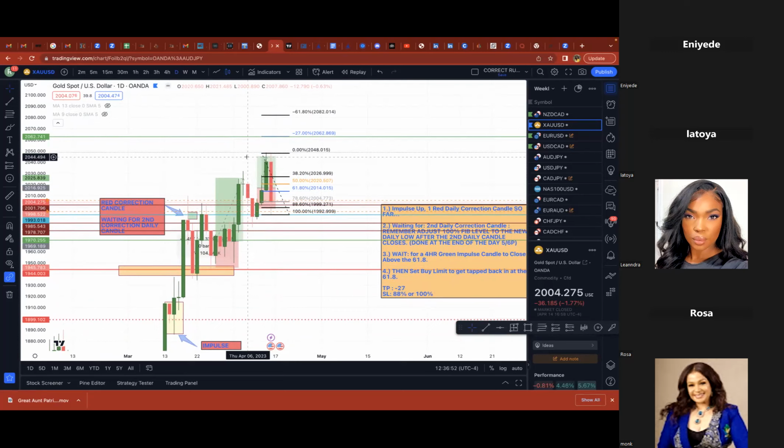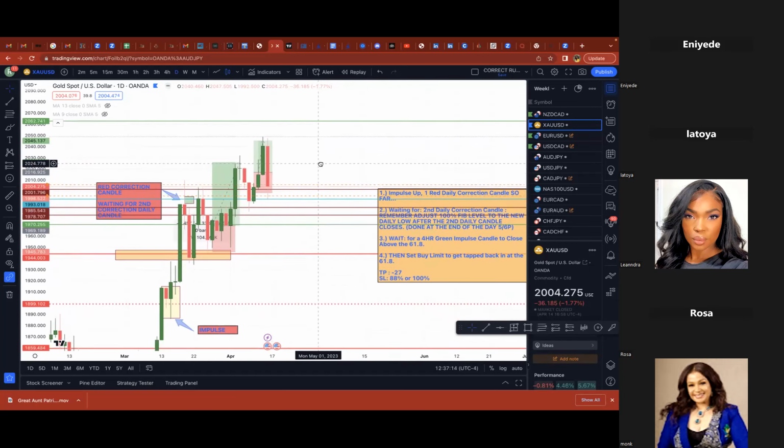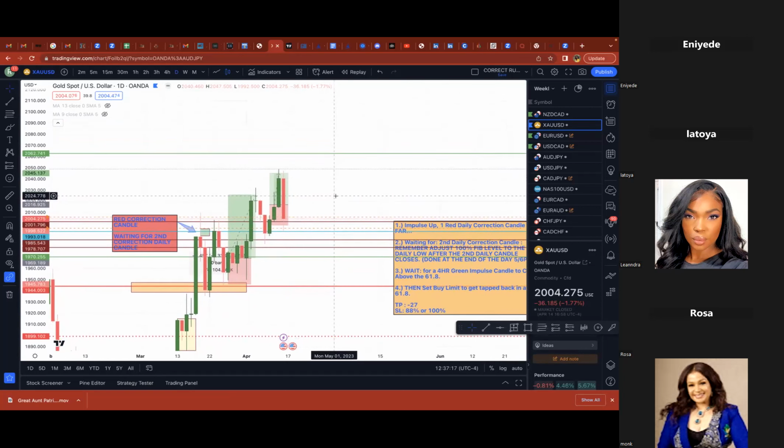I start on the daily, and we can obviously also use the weekly and the monthly for confluence in the direction. Basically, I look for impulse on the daily, all the same color candle.